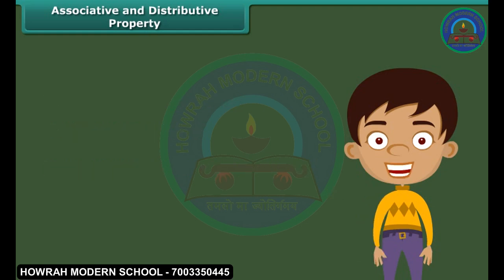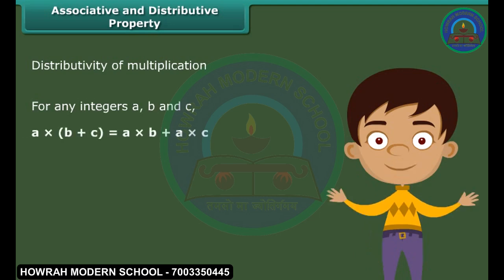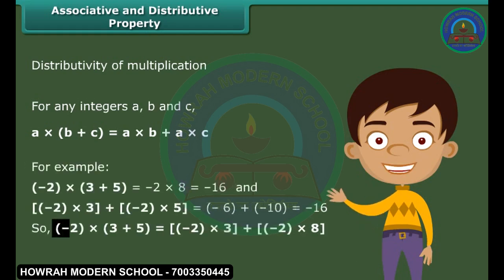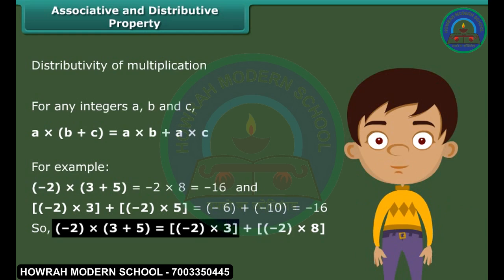Now let us move towards the distributive property of multiplication. For any integers a, b, and c, a × (b + c) is equal to a × b + a × c. For example, (−2) × (3 + 5) is equal to (−2) × 3 + (−2) × 8.